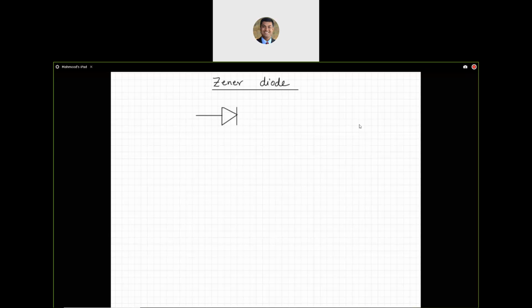So that's my diode, but for a Zener diode, all I'm going to do is make that flat line a little bit of a curve there, just to indicate that there is an early breakdown when you are operating in the reverse biased region. So it's still a positive anode terminal there, a negative cathode terminal there. But in terms of the symbol, all that changes is that addition of those two lines, and that's it.